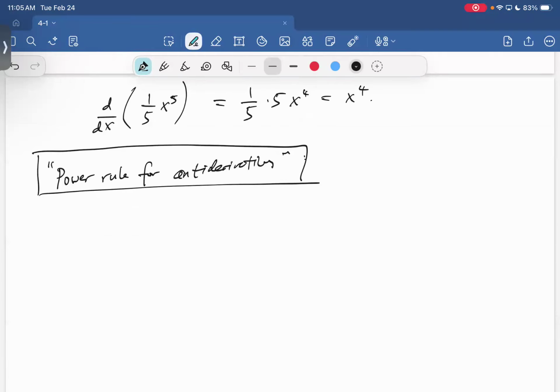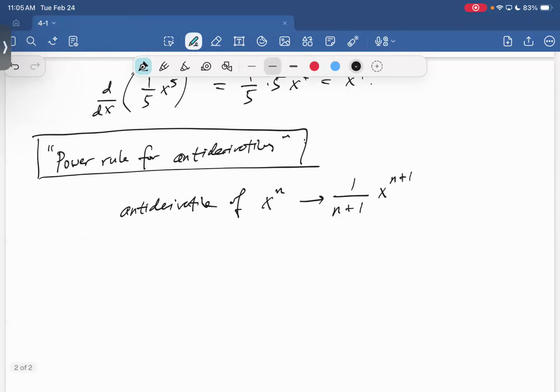It tells us that the antiderivative of x to the n is going to be 1 over n plus 1 times x to the power of n plus 1. You remember power rule, that was x to the n goes to n times x to the n minus 1. That's for derivatives. But to go in reverse, it becomes 1 over n plus 1 times x to the n plus 1.